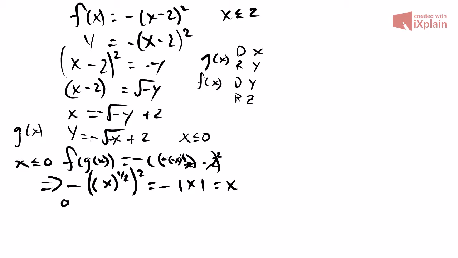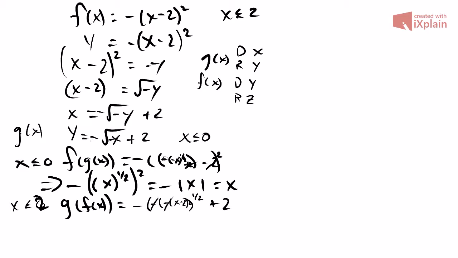Now we just need to check g of f of x. Because it's a function of f, we're on f's domain, so x is less than or equal to 2. I don't know how to erase, so I'm just going to write over. We take g, which I'm going to write as negative square root, plus 2. So we plug in f here, which is negative (x minus 2) squared.